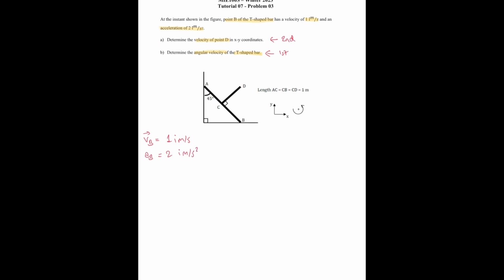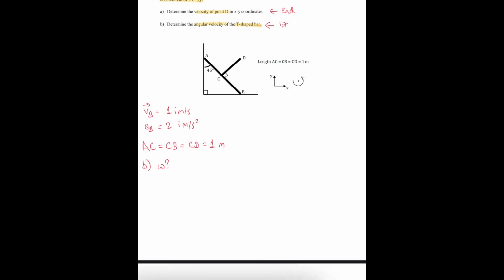So for the velocity of B, we know that it's equal to 1 meter per second in the I direction, and the acceleration is 2 meters per second squared in the I direction. We also know that the lengths AC, CB, and CD are all equal to 1 meter.